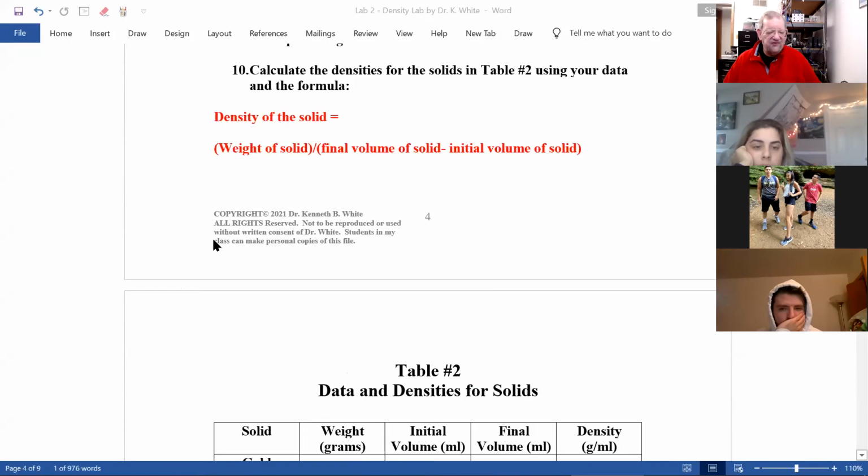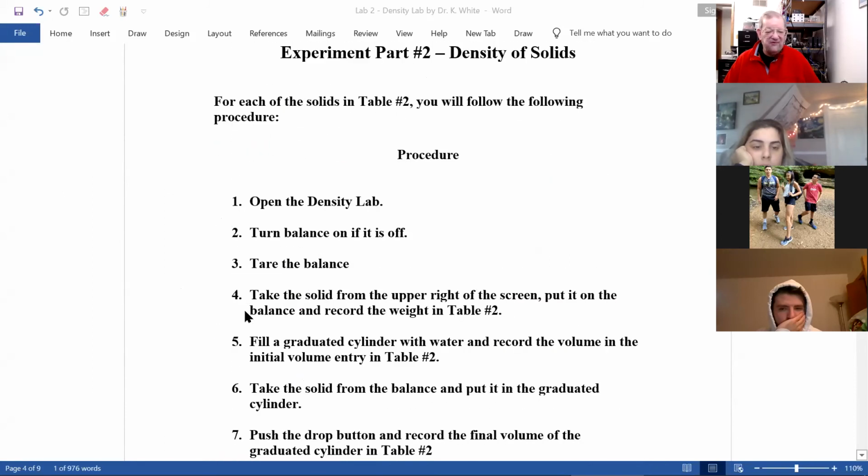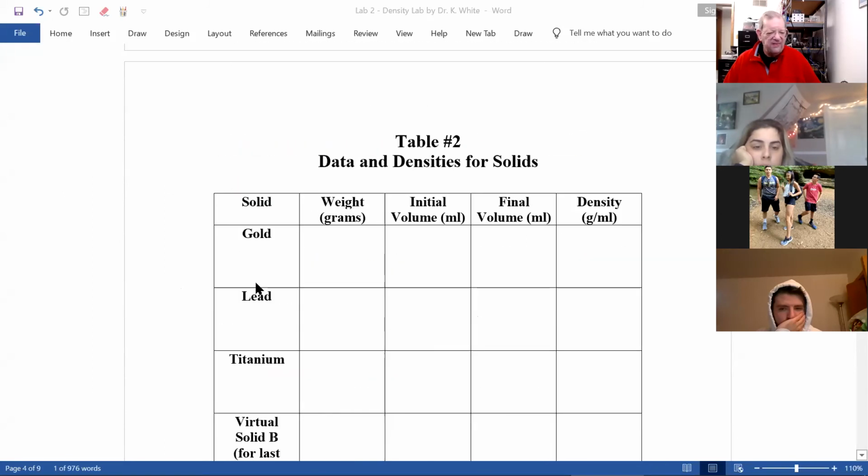And here for the second part, and I have it step by step what I just showed you, you'll measure, like for gold, you'll weigh it. Remember, tare the balance. Whoever's got a question, I'll get to you in a second. You'll put water in the graduated cylinder, measure the initial volume, then drop the ball of gold in there, and measure the final volume.